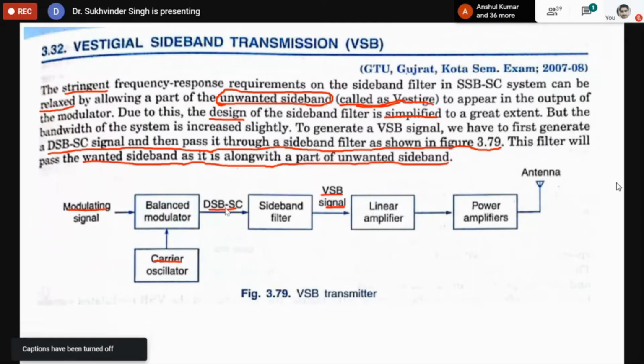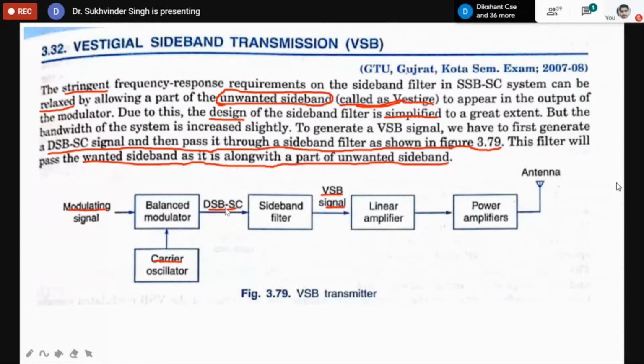Actually, we want only one band. And why do we want only one band? The reason is that we want to avoid the duplicacy of information. Information is present in duplicate terms in the upper sideband as well as the lower sideband.